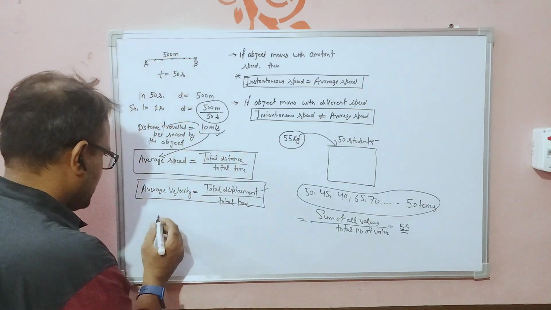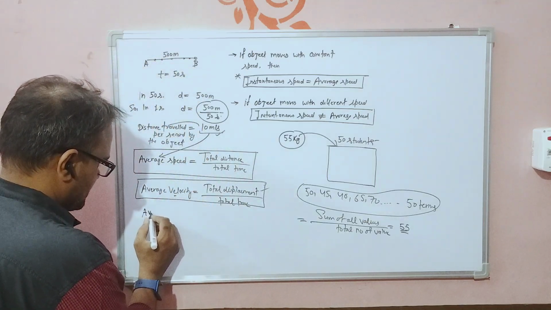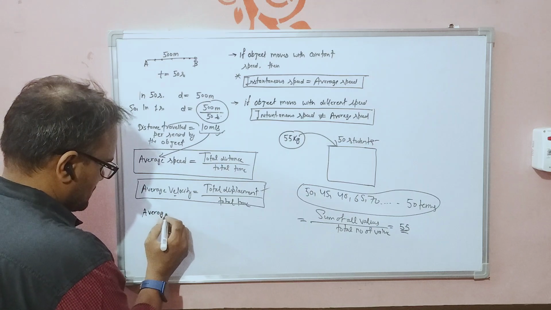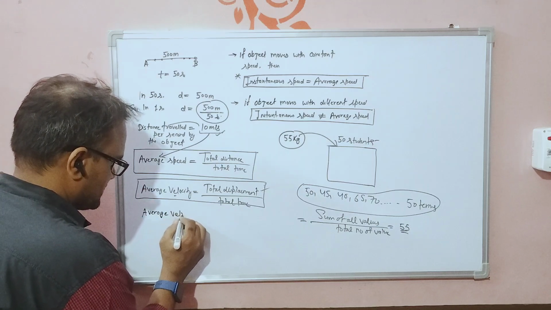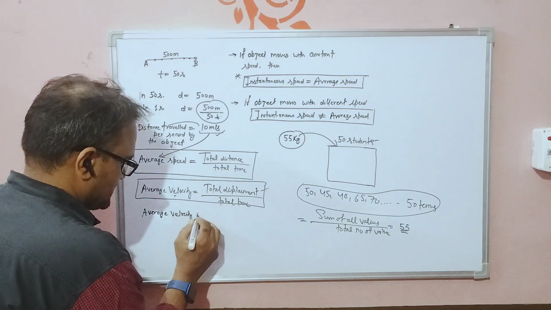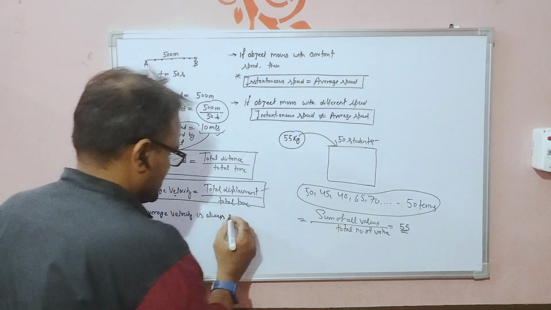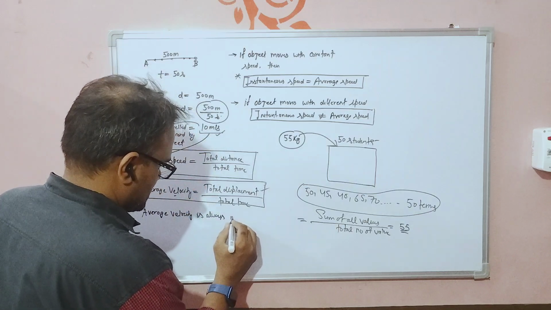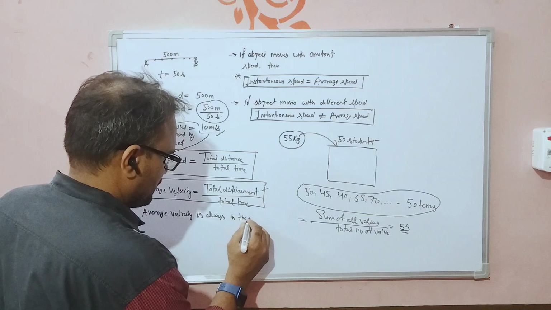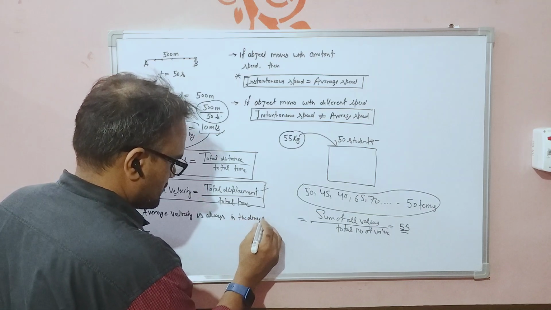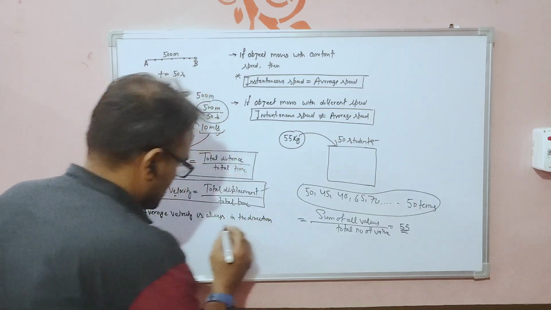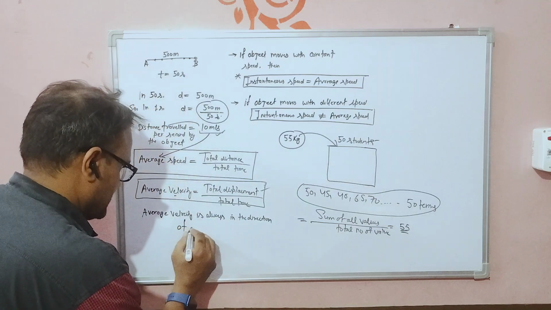So let's write it down here. Average velocity is always in the direction of displacement.